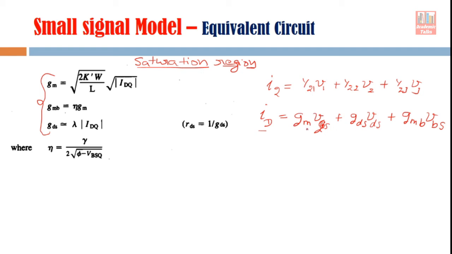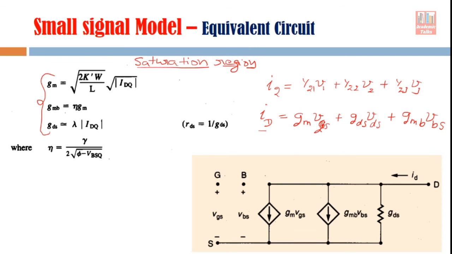So now it is easy to draw the equivalent circuit for this. There are three terminals: the gate terminal, the bulk terminal, and the drain terminal. This was our first terminal in our discussion, drain was our second terminal, and bulk was our third terminal. You have seen in the DC model that gate current was 0.